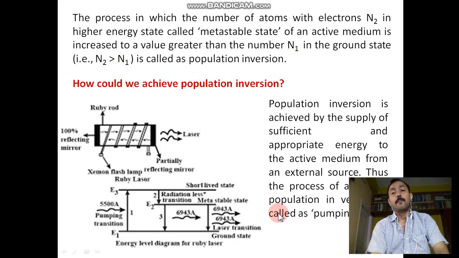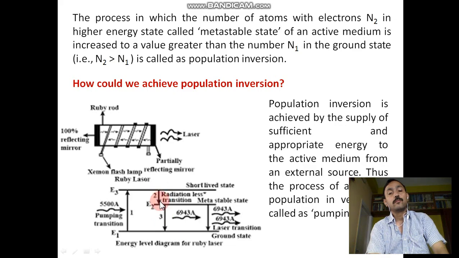Now this process of achieving population inversion is called pumping. Here this light is used to pump the atoms from the lower energy state to the energy state E3. Now from E3 to E1 and E2 there will be spontaneous emission.